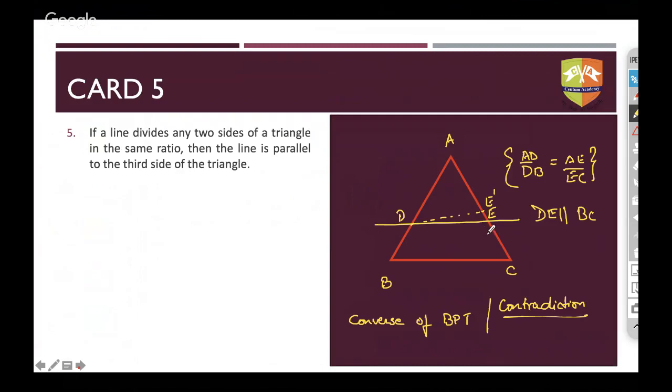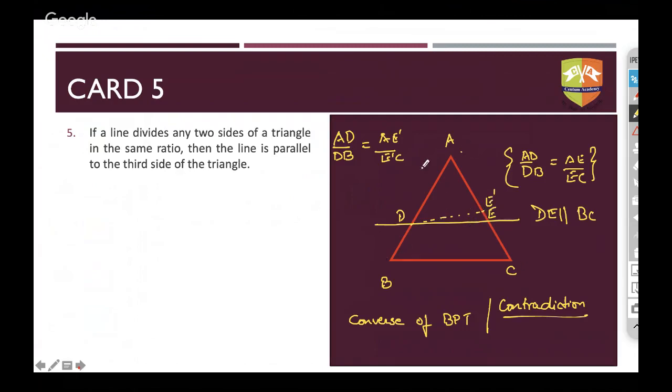Then by our BPT, we can say that AD upon DB is equal to AE dash upon E dash C.